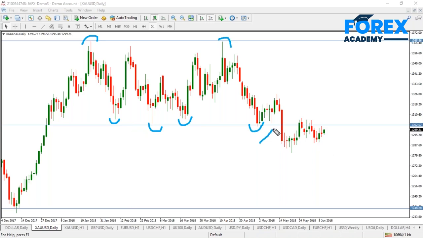Now, the break of that range is an important technical development because it tells you that the market has or is establishing a much stronger, committed, bearish outlook.